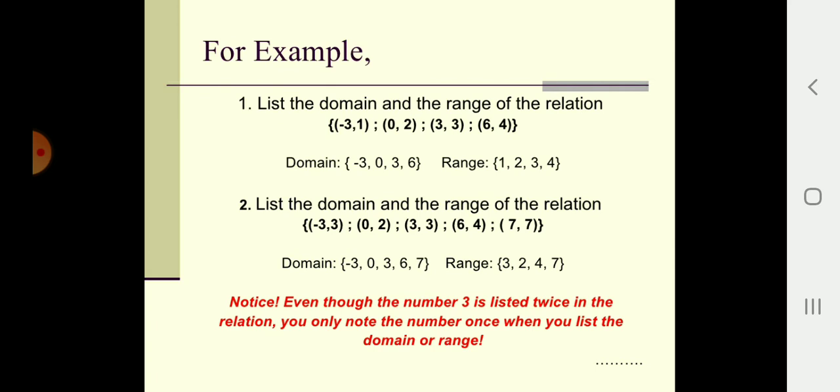So the domain is {-3, 0, 3, 6, 7}, and the range is {3, 2, 4, 7}. So notice that even though the number 3 is listed twice in the relation, you only write a number once when you list the domain or range.